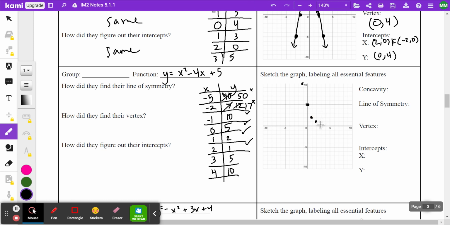Sorry, 3, 2. And then 4, 5. The reason I knew I made a mistake was because I was ending up with a graph that wasn't going to be symmetric. Anytime you have a parabola, if you're drawing it and it's not symmetric, you made a mistake.